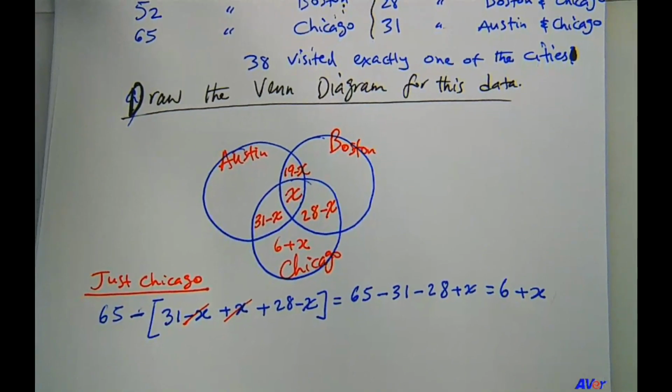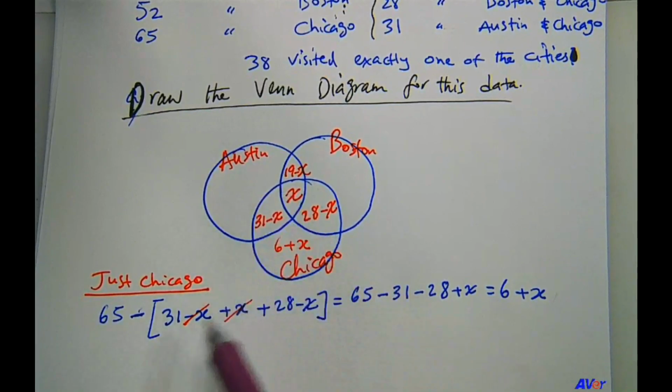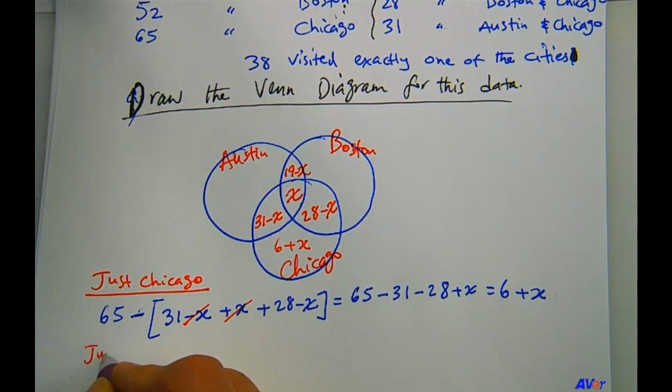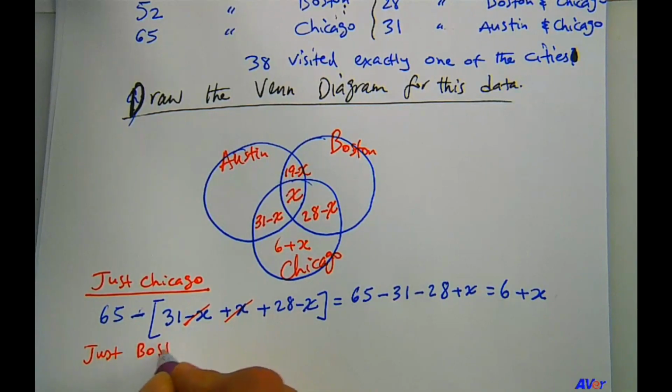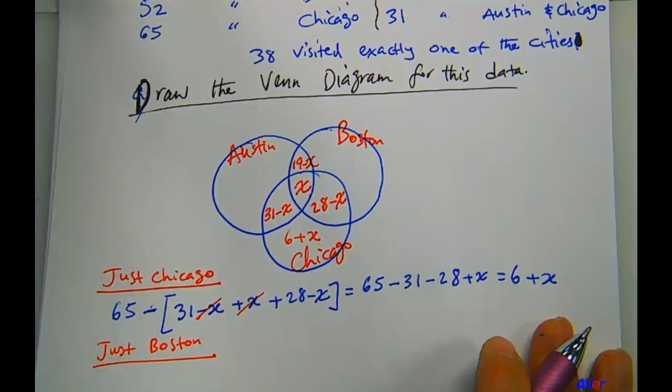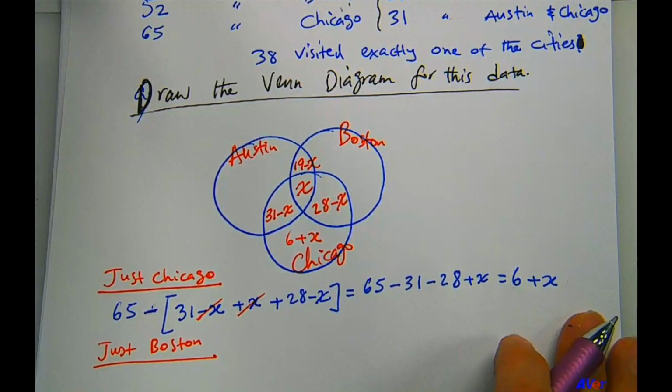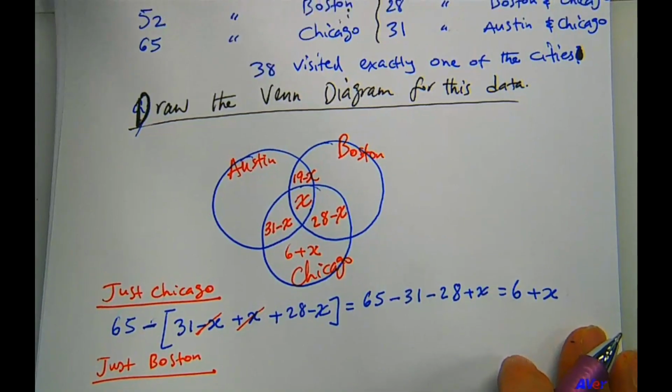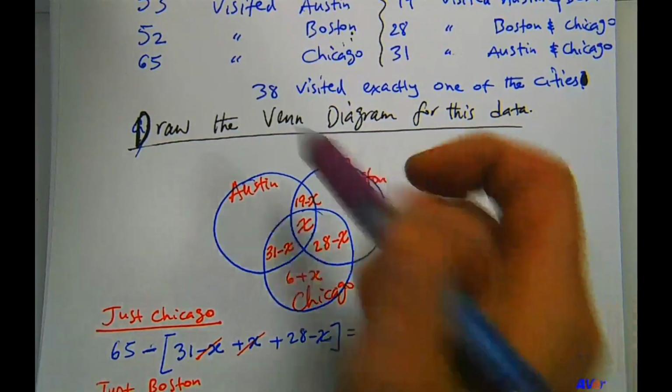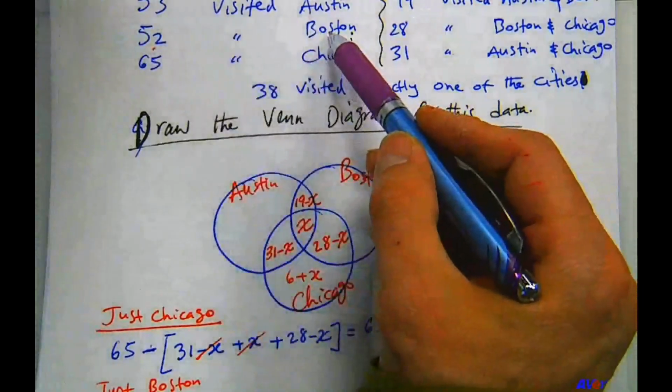Now let's calculate how many visited just Boston. We know that 52 people visited Boston.